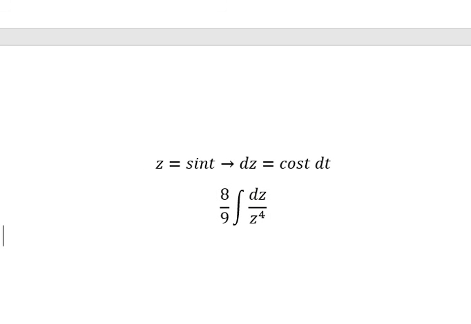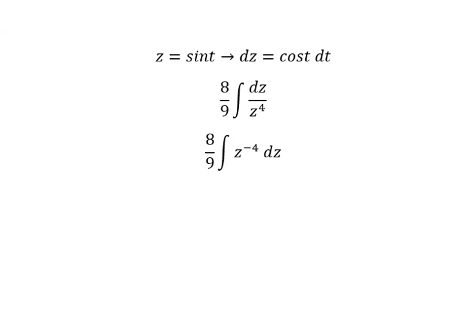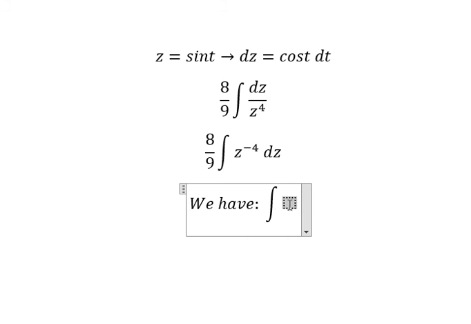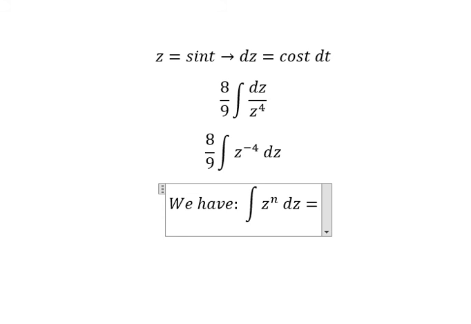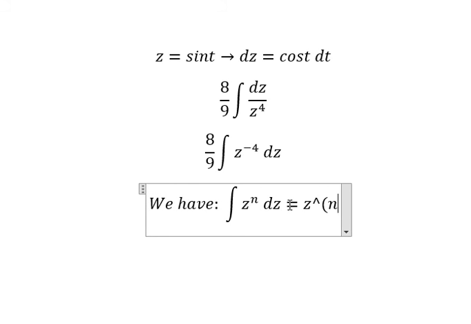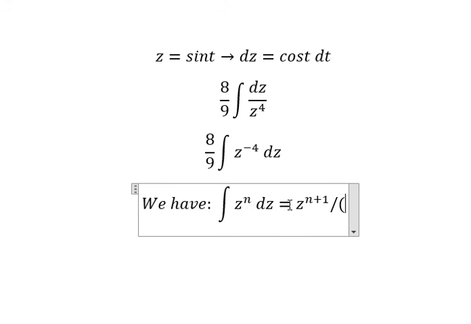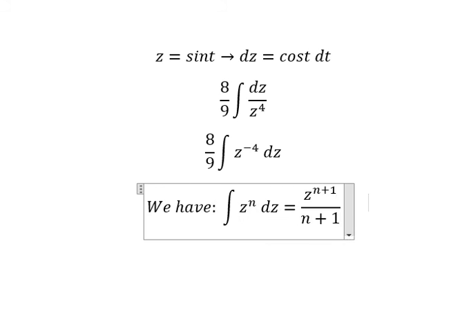And now this one we can put into z to the power of negative 4 dz. And now we can apply the formula in here. The integration of z to the power of n dz, we get z to the power of n plus 1 over n plus 1, and we put c.